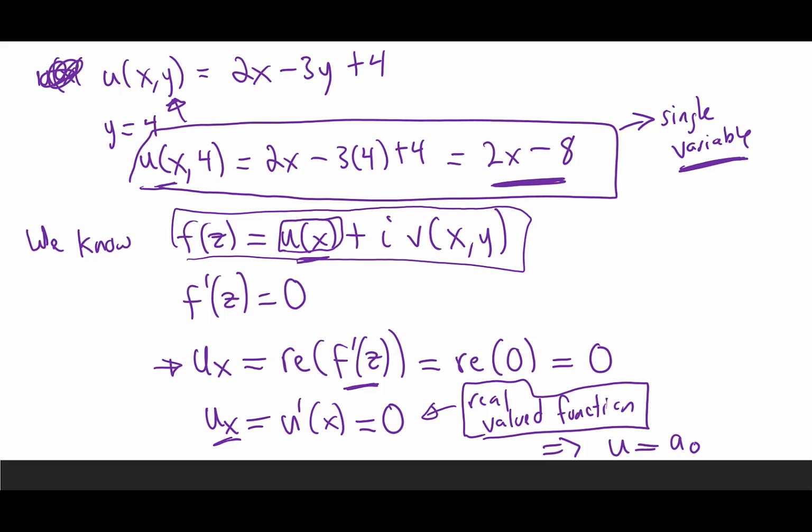So again, since we fixed our y-coordinate to be something, that turned our u into a single variable function, and then using our assumption about f prime of z, that told us that this single variable function actually had a derivative of 0 as well, and so our results from calculus tell us that u is a constant.